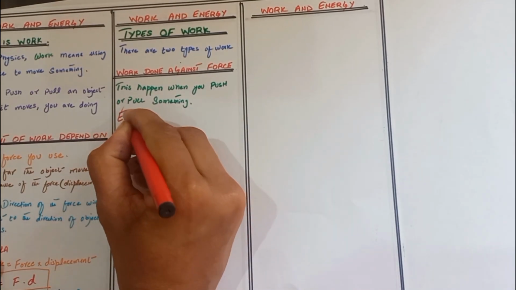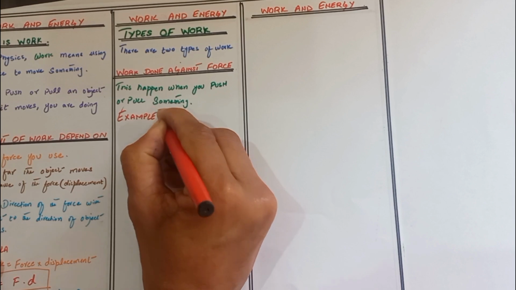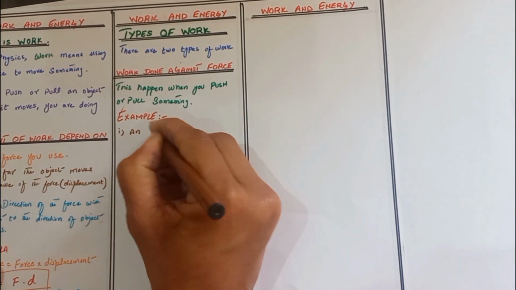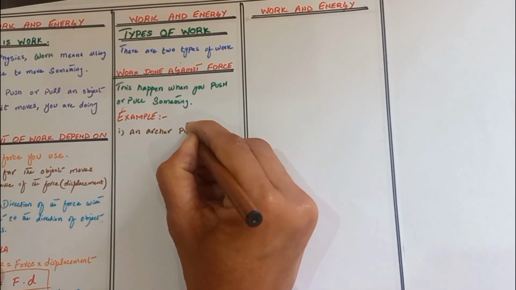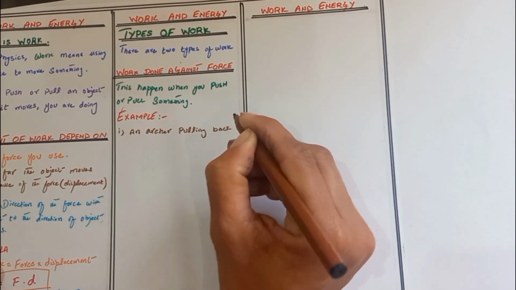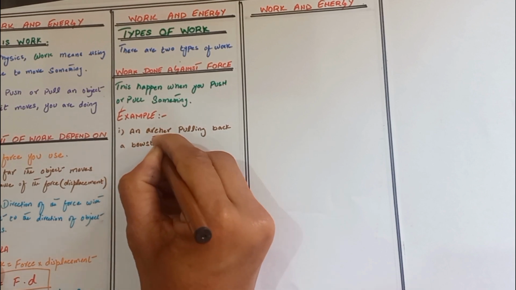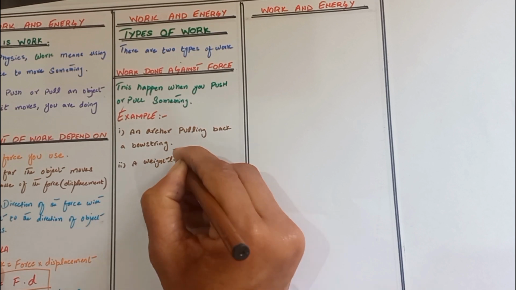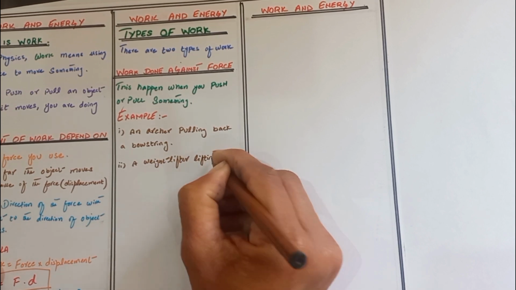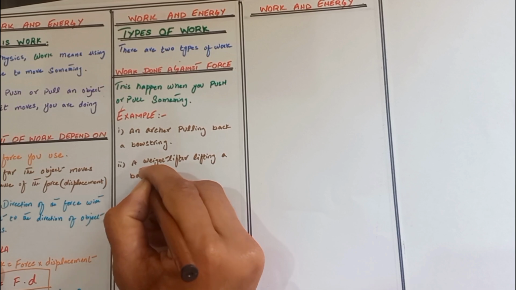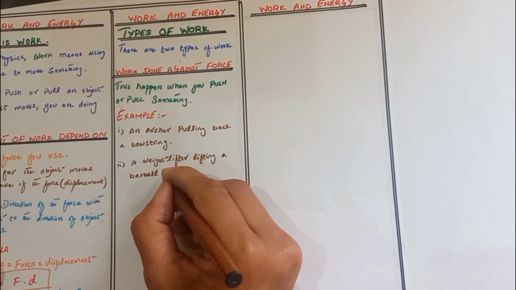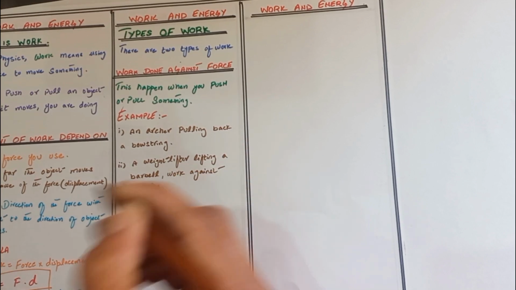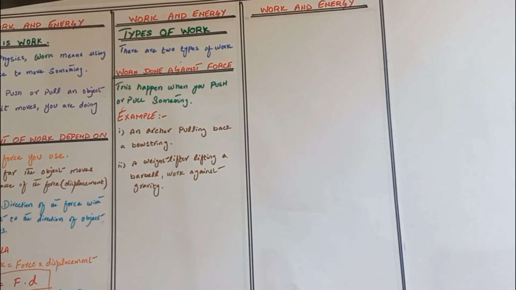Examples: first, an archer pulling back a bowstring. Second, a weight lifter lifting a barbell, which is work against gravity.